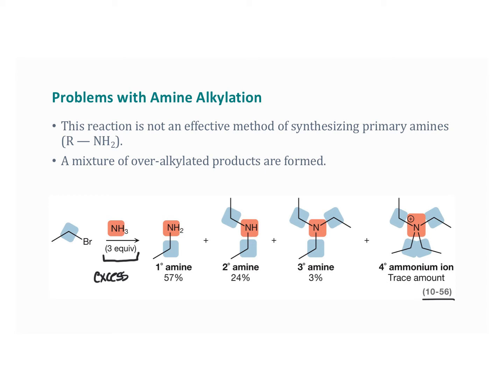Although alkylation is generally a poor method of synthesizing amines, so if you're like me, you're like, well, if it's a poor method, Dr. Pierce, why did you teach it to us? Well, it turns out it's a pretty effective method for synthesizing quaternary ammonium ions, right?